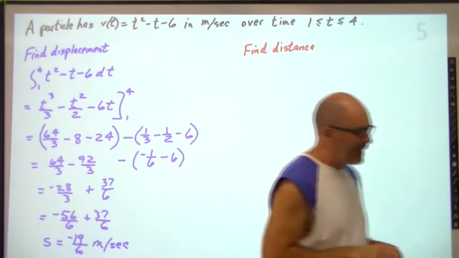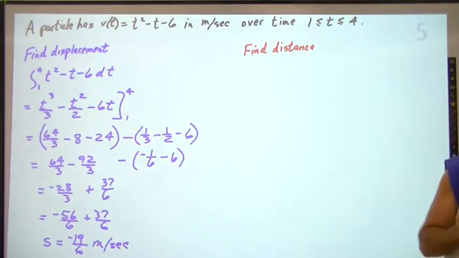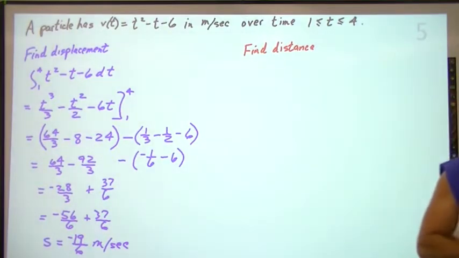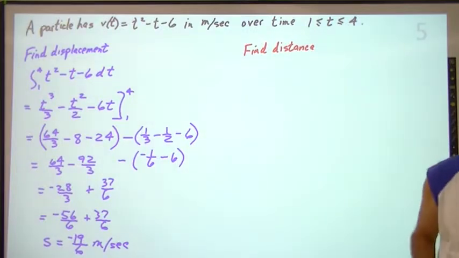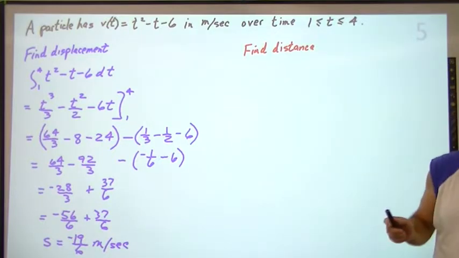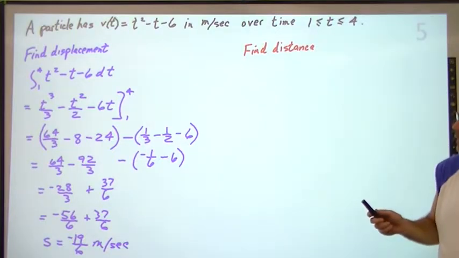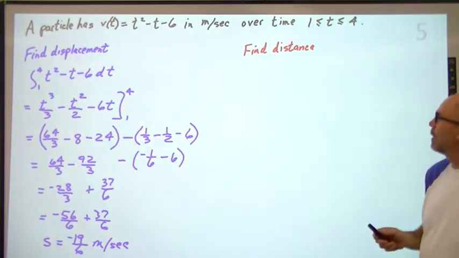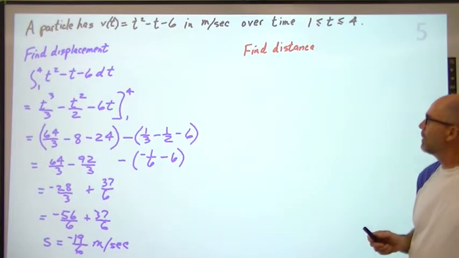So the displacement is -19.6 meters per second. Something has gone awry. What the heck went wrong?